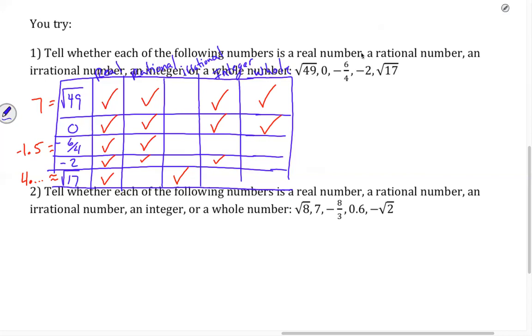And last but not least, we have these down here. Square root of 8, 7, negative 8/3, 0.6, and negative square root of 2.